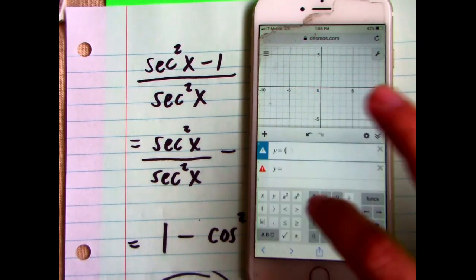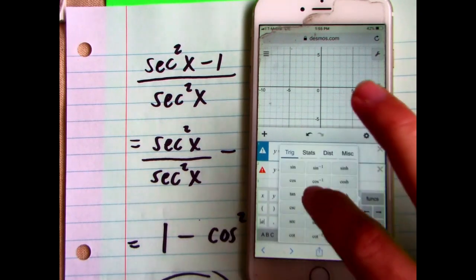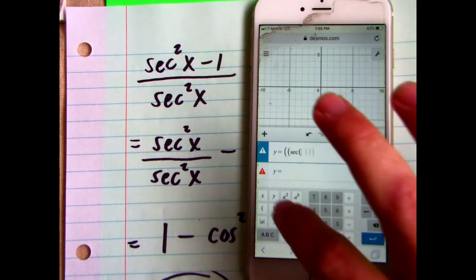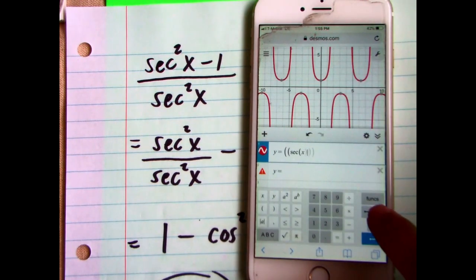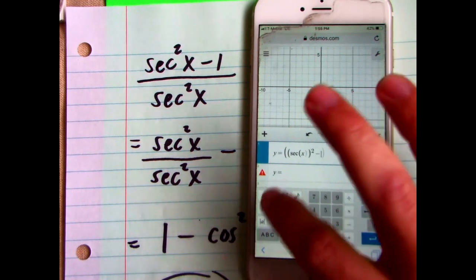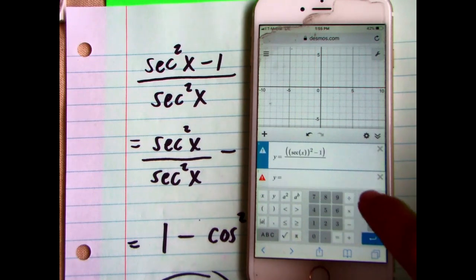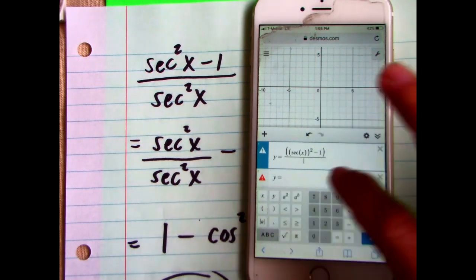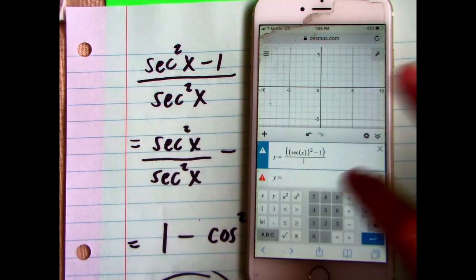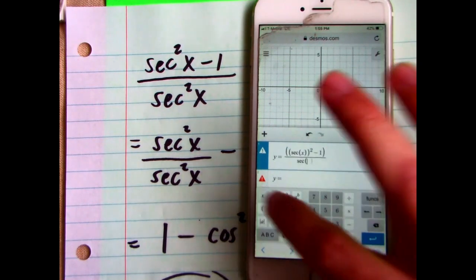If we type in the original, secant squared x minus 1 all over secant squared x, it should match up with the graph of sine squared x. So put those both into your grapher and let's see if they match up.